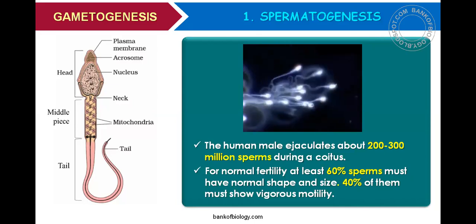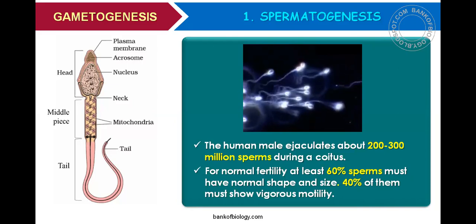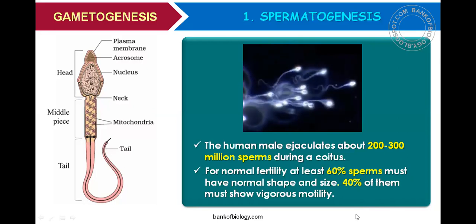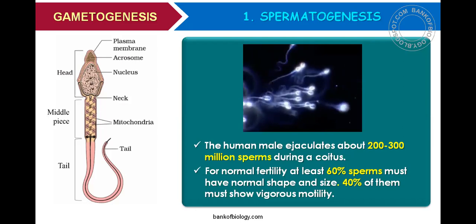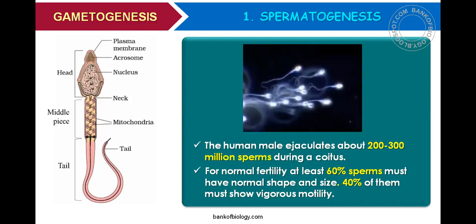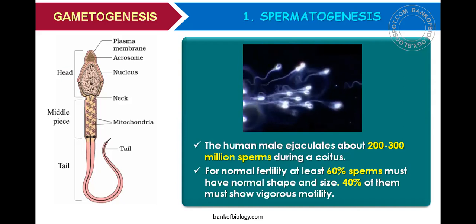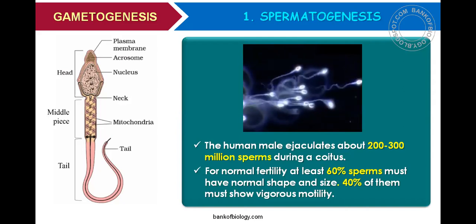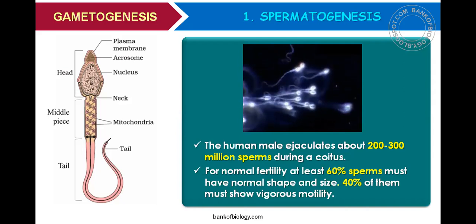Yes, 120 million to 180 million. Then 40% of them must show vigorous motility. Very good. 48 to 72, we can say. Very good, very good. 48 to 72.